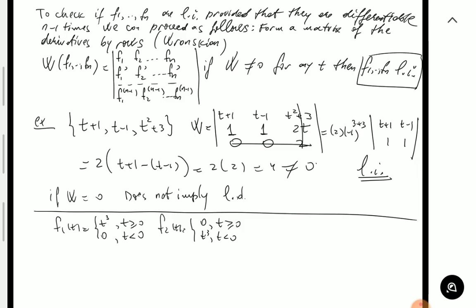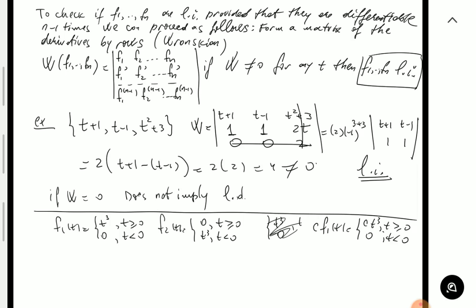It should be pretty obvious that these functions are linearly independent, because one can never be a scalar multiple of the other. If you take, for example, some scalar multiple of f1 of t, that's just going to be c t cubed for t greater than 0, and 0 for t less than 0.